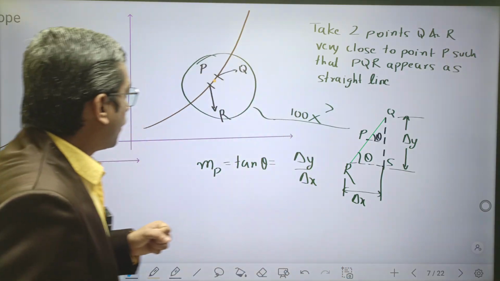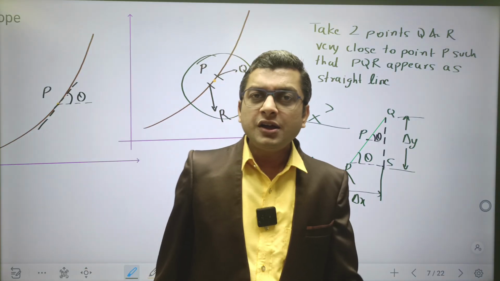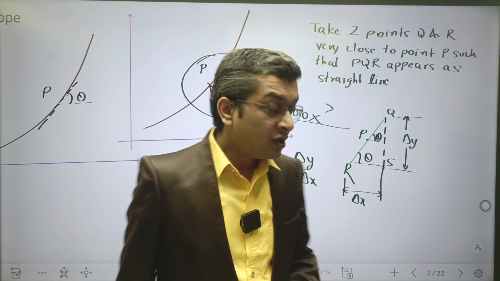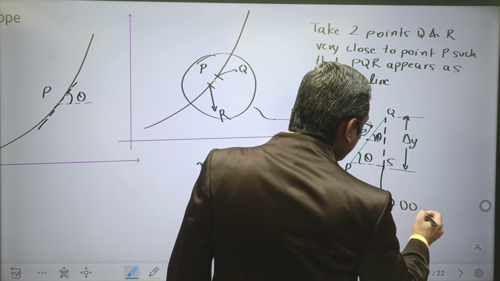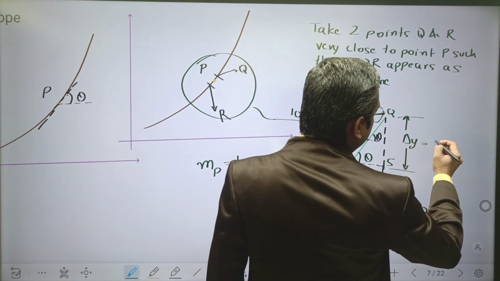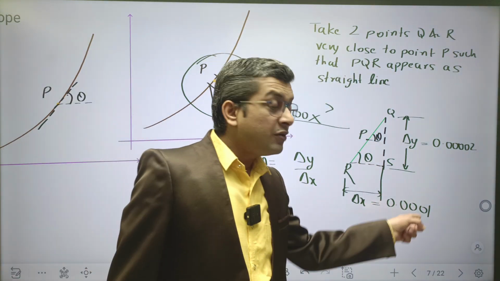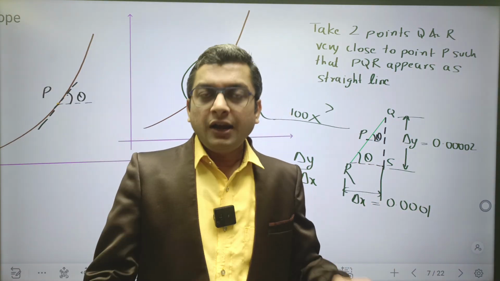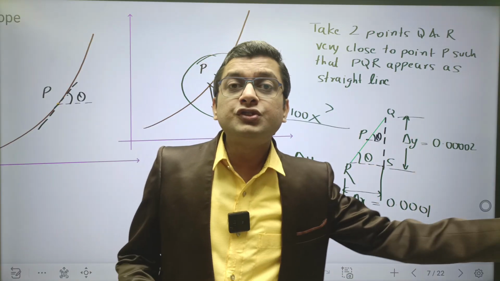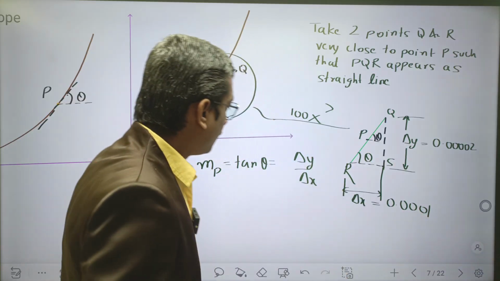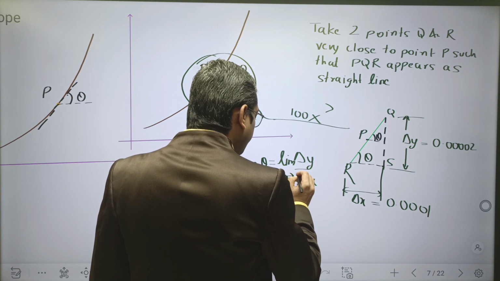But here, if you observe, these 2 points are very, very close to the point P. So the change in x coordinate may have value 0.0001, and the change in y coordinate may have value 0.00002. So this is 1 by 10,000 or 1 by 1,000, something very, very close to 0, or you can say approaching 0. So what we do here, we apply the limit delta x tends to 0.